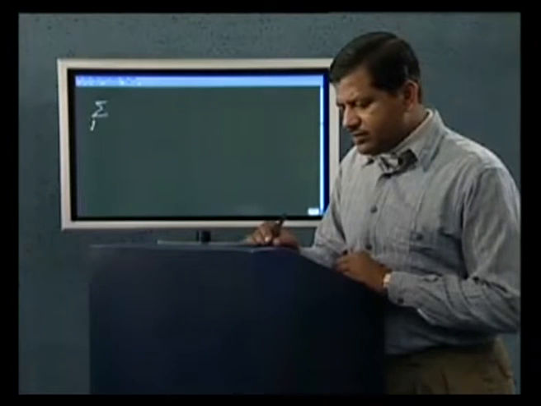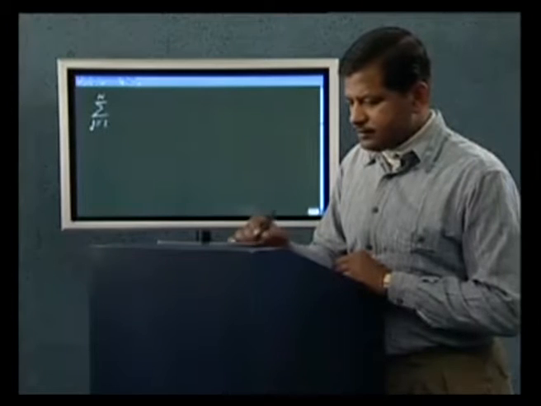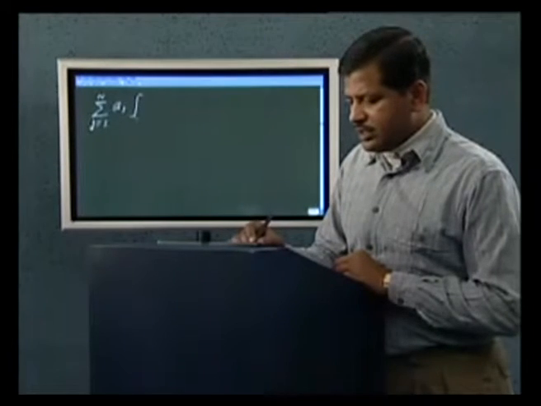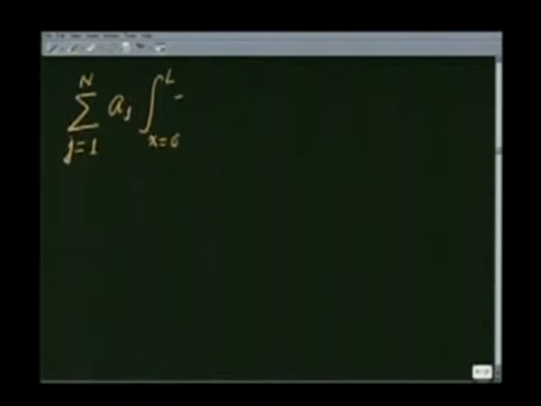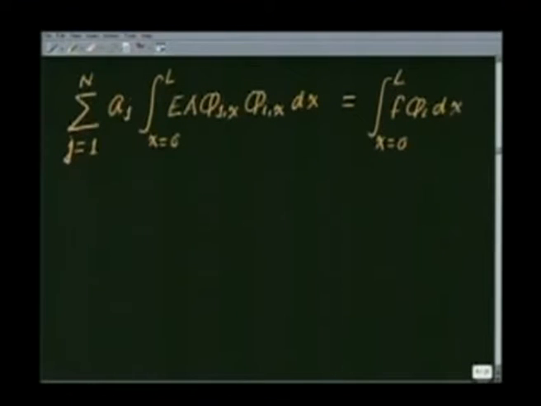Sigma j equal to 1 to n aj integral x equal to 0 to L Ea phi j comma x phi i comma x dx is equal to integral x equal to 0 to L f phi i dx plus p phi i evaluated at L. So again, you see in this expression the j is going from 1 to n, that is we are summing over the j's, but this i is fixed.